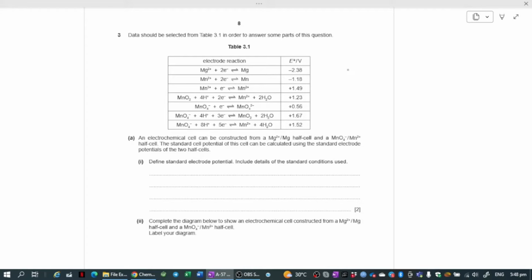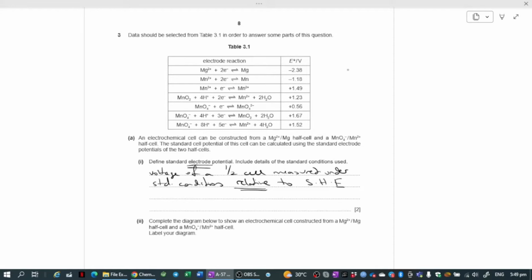So standard electrode potential is the voltage of a half cell measured under standard conditions relative to the standard hydrogen electrode, the SHE. Of course, in the exam, write it out in words, standard hydrogen electrode.